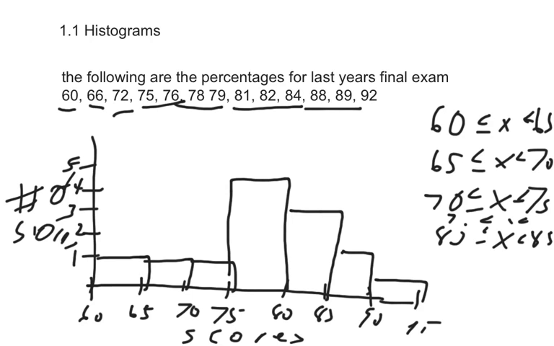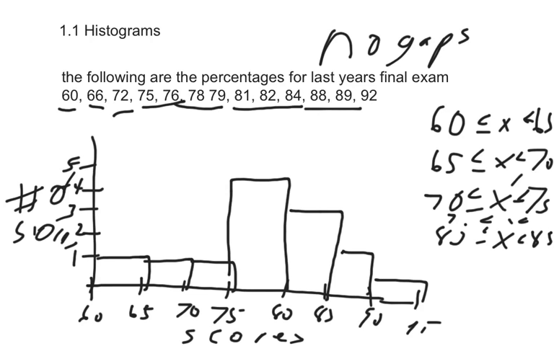And so that's our histogram. You notice, unlike the bar graph, there are no gaps between our bars. That doesn't mean there can't be gaps, because we're going to show you one in a second. But for right now, there are no gaps.